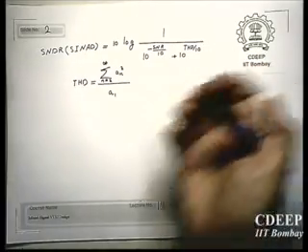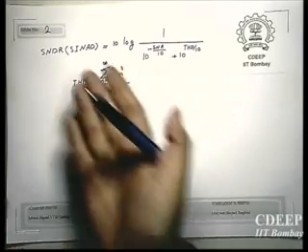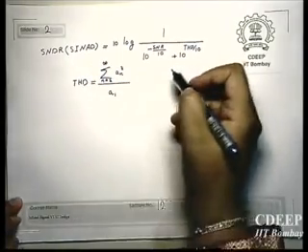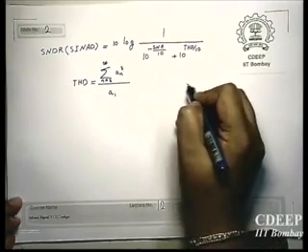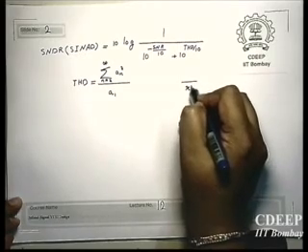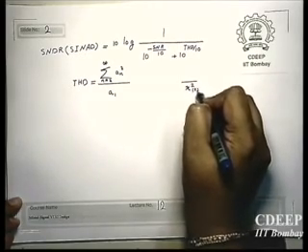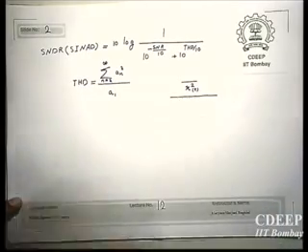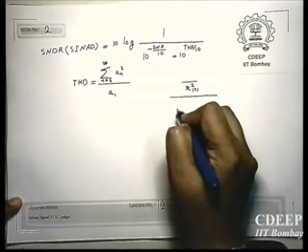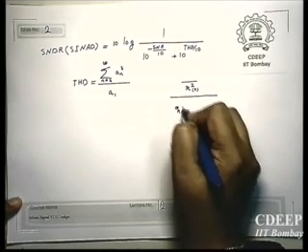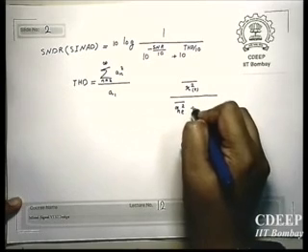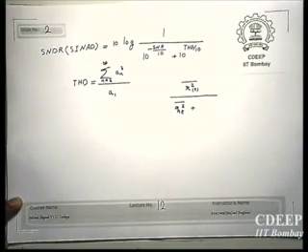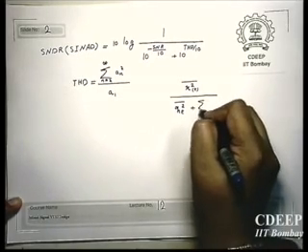So eventually, the definition of SNDR. SNDR is signal to noise and distortion ratio. Therefore, when you want to consider the definition of SNDR, you have the RMS value of the signal divided by the RMS value of quantization noise plus the RMS value of harmonics.